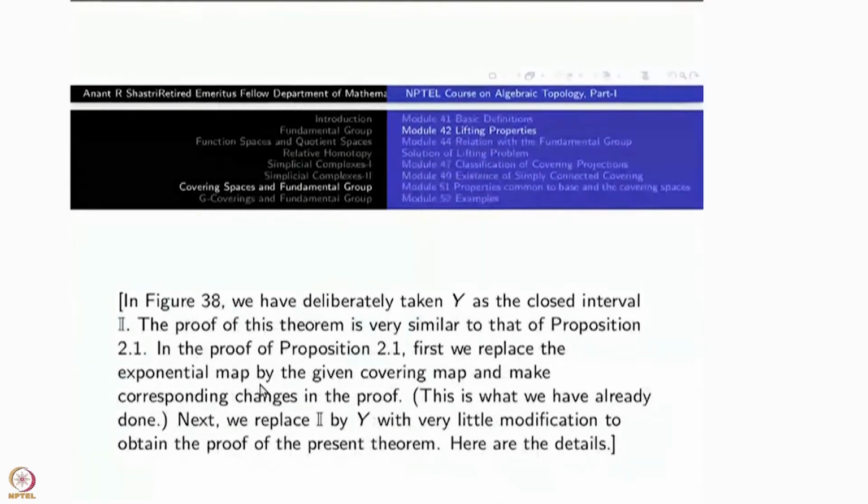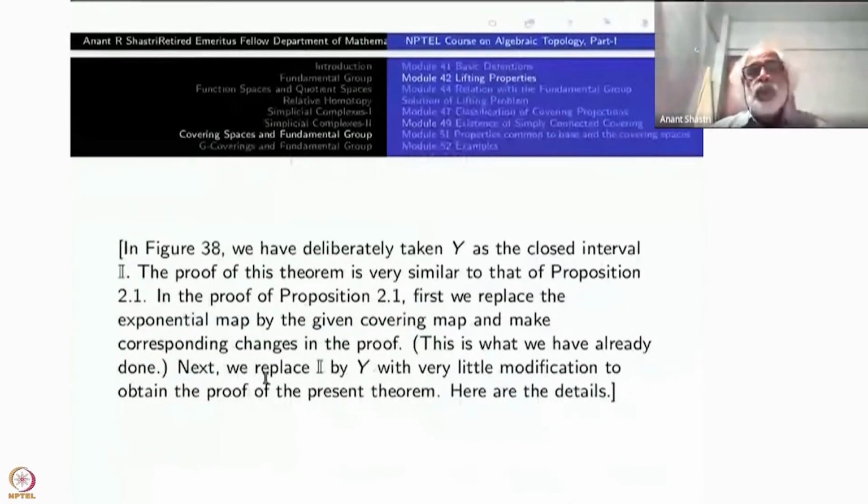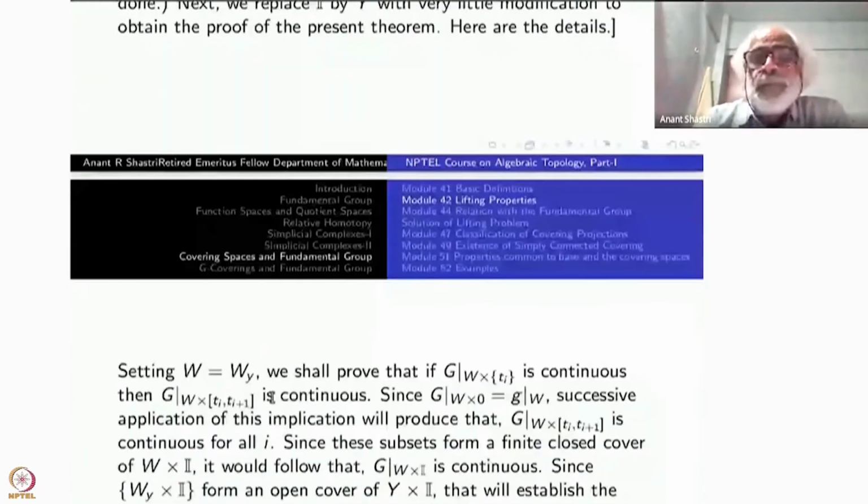So this is what I have explained already. So now put W equal to W_y. Okay. We shall see that if G restricted to W cross t_i, successive application of that will produce G restricted to W cross t_{i+1}, which is continuous for all i.